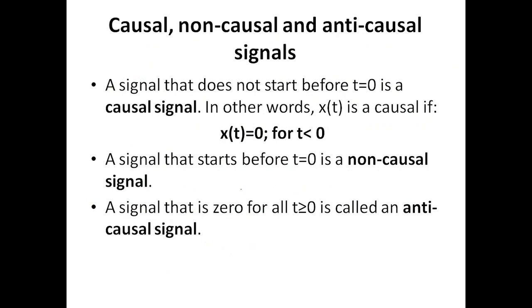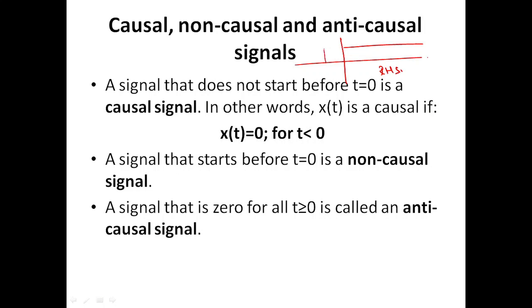Now causal, non-causal and anti-causal signals. Any signal which starts at t equals 0 and is a right-handed signal is regarded as a causal signal.